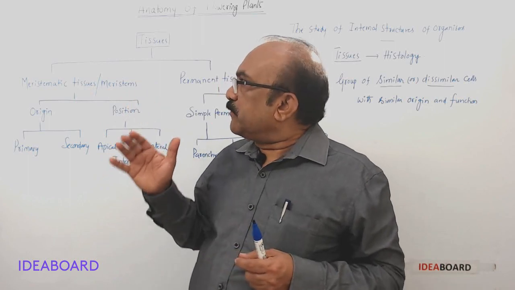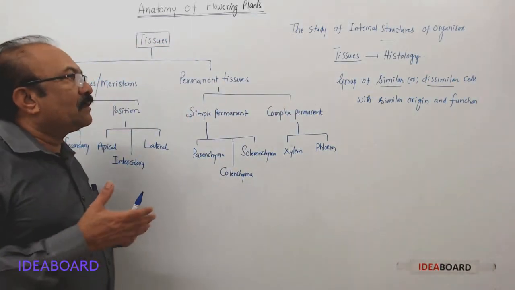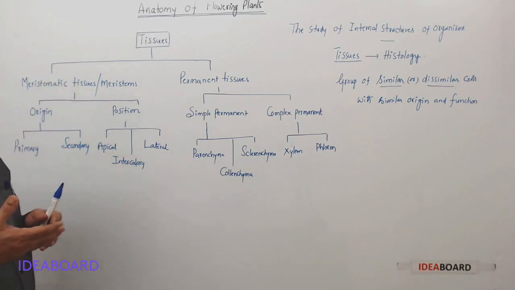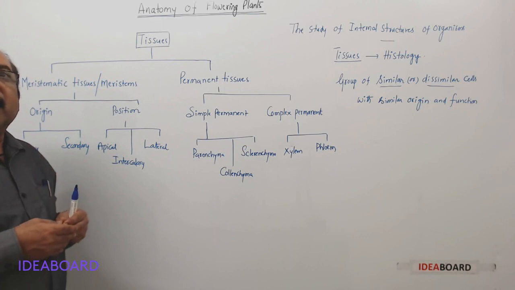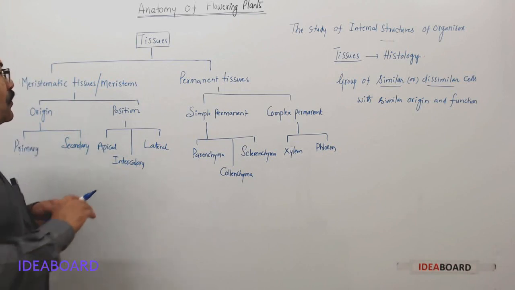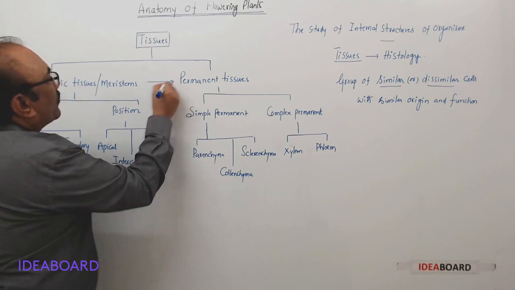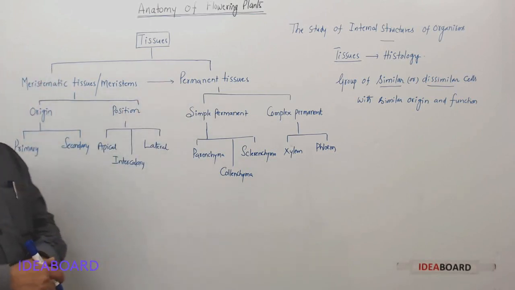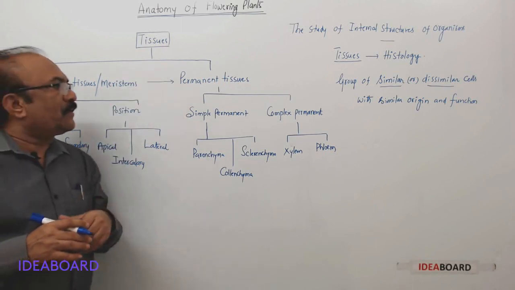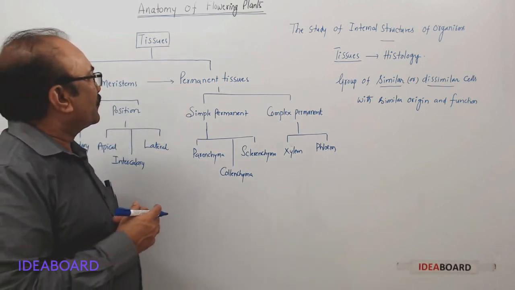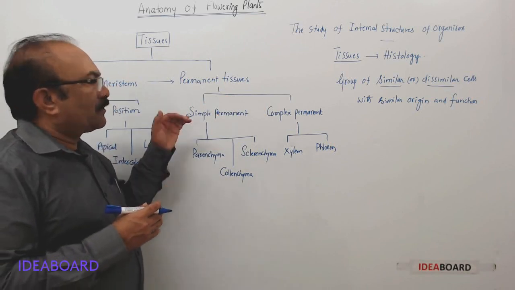Now remember, these meristematic tissues, as they are helping in the plant body, the cells which they have added will become permanent tissues. So you should remember that all permanent tissues originate from meristematic tissues. And these permanent tissues are also further classified. That we will see later.